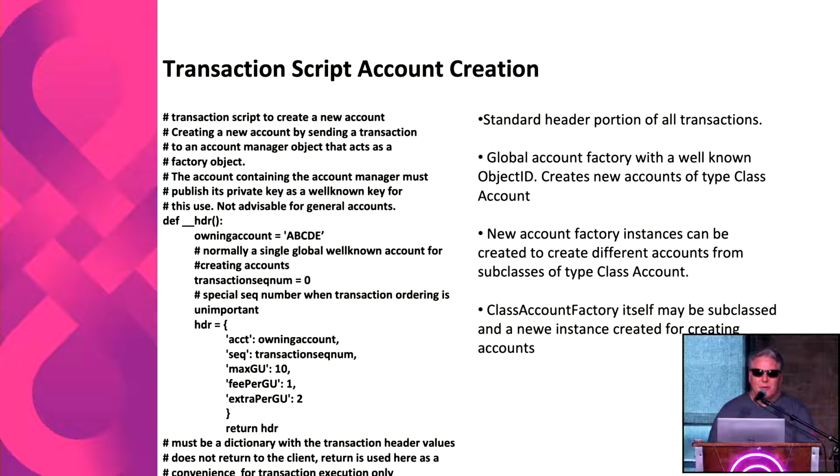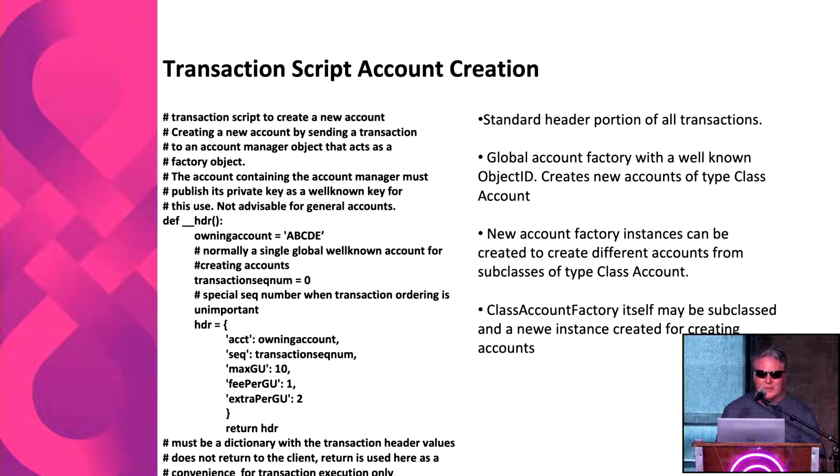Next slide. There's one really interesting thing, which is that when you send a message, when you send a transaction script, it always has to be to an account. So how do you send a message to create an account if you have to send the transaction script to an account?